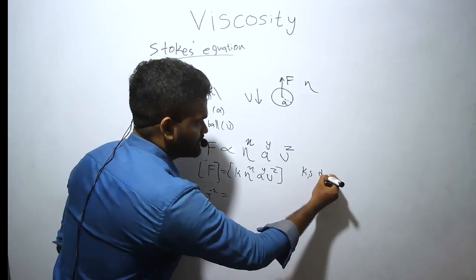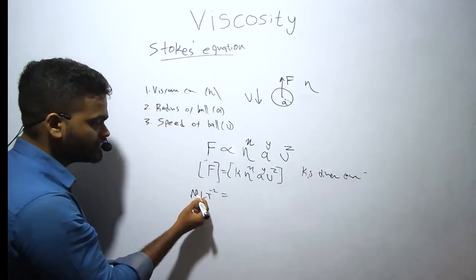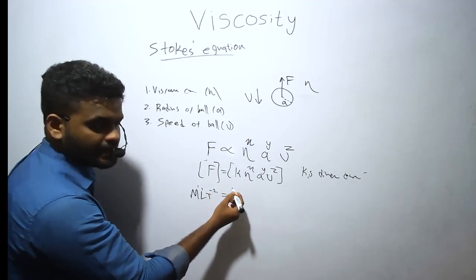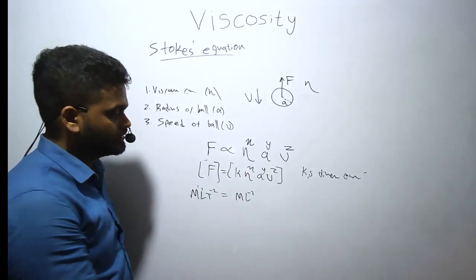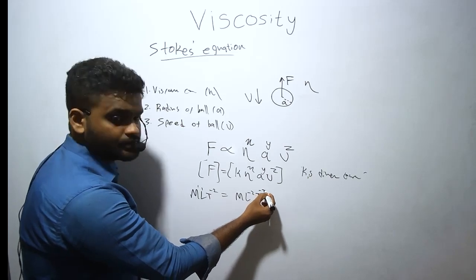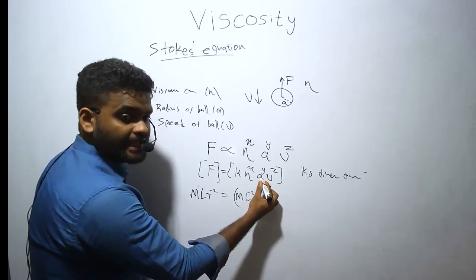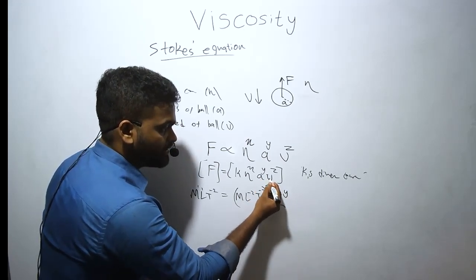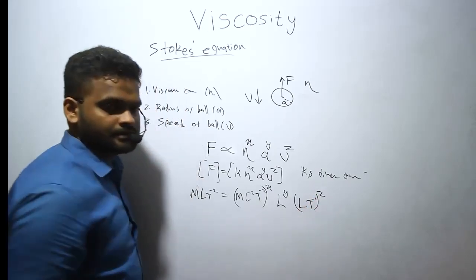We add a dimensionless constant. So M L T to the minus 2, that is force. K doesn't have dimensions. What are the dimensions of viscous coefficient? As I remember, it is M L to the minus 1 T to the minus 1, to the power x. This is radius, so it is L to the power y. Then you have velocity, that is L T to the minus 1 to the power z.